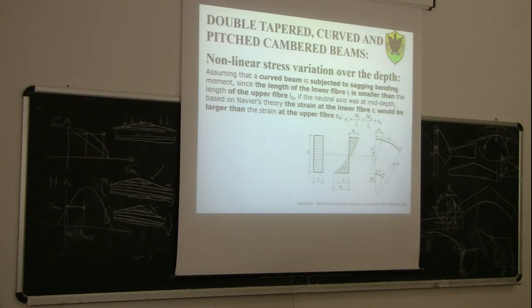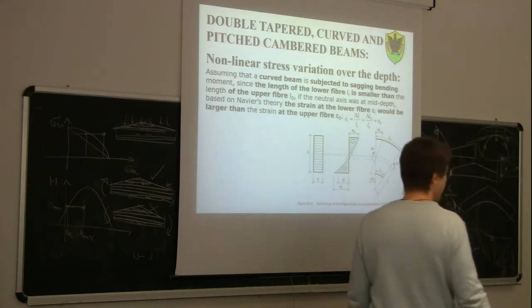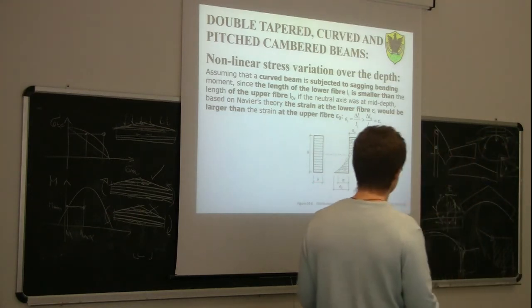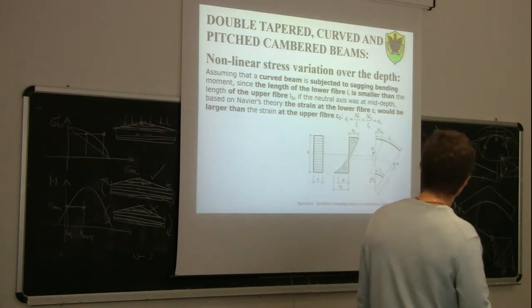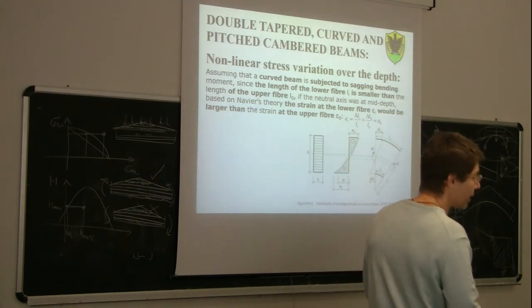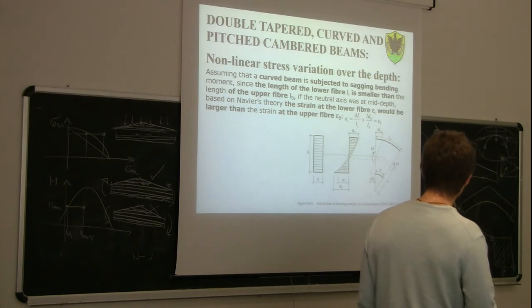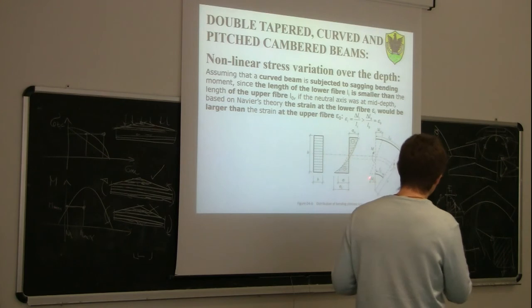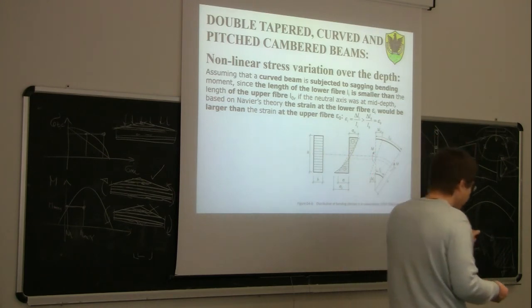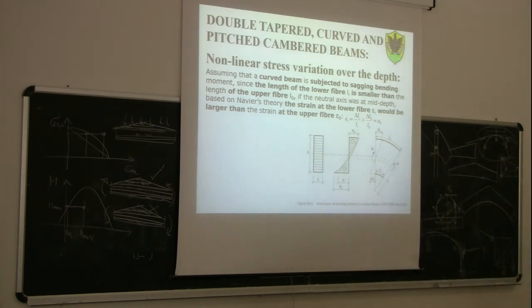So this determines in the end that this distribution is no longer linear. We can say that the distribution of sigma is non-linear, because so is the distribution of strain, even though we started from a linear distribution of this value delta n.